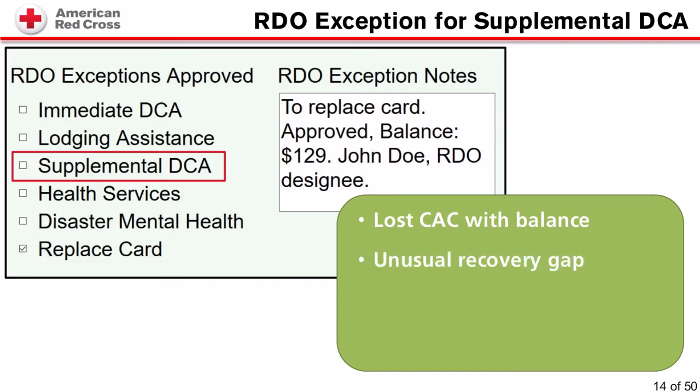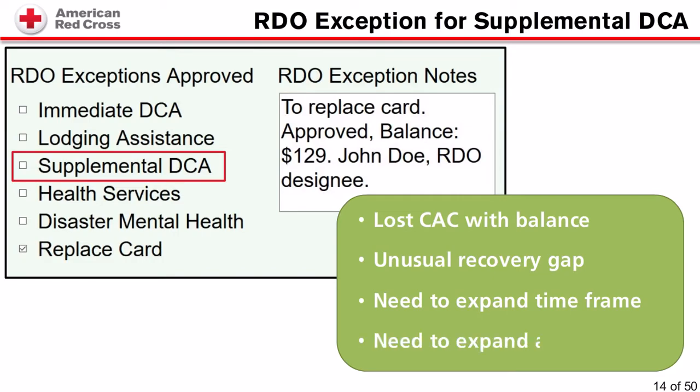Your client has an unusual recovery gap and otherwise qualifies for supplemental DCA. You need to expand the time frame to make a supplemental DCA recommendation more than 30 days after case creation. Or you need to expand assistance beyond the DCA price list standard for supplemental C.